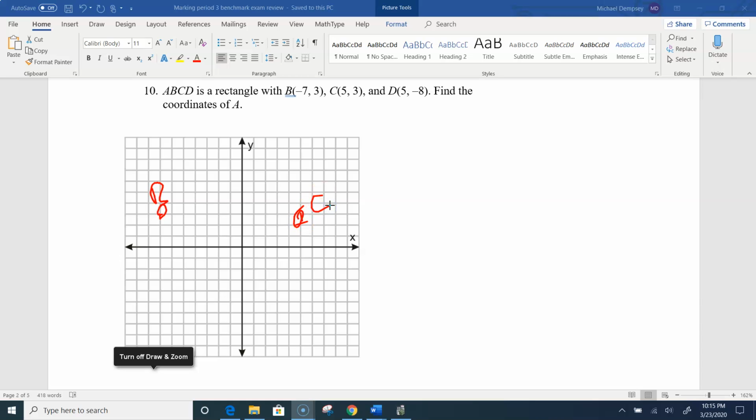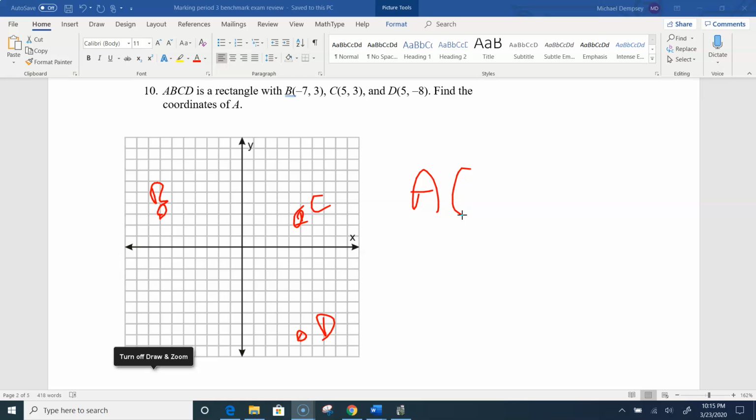Okay, right across from there. And then D is at (5, -8), all the way down here. Okay, so they want to know what the coordinates of A would have to be.